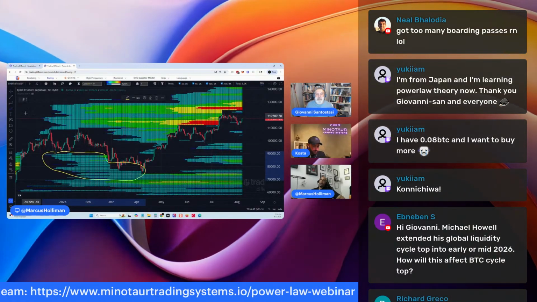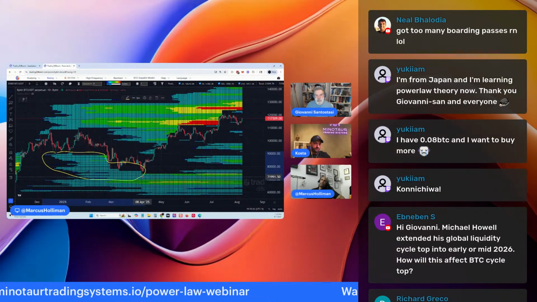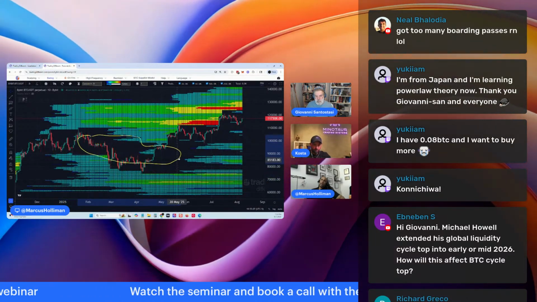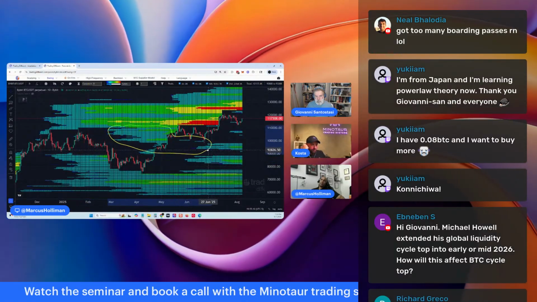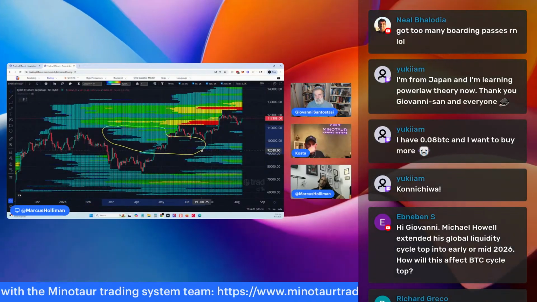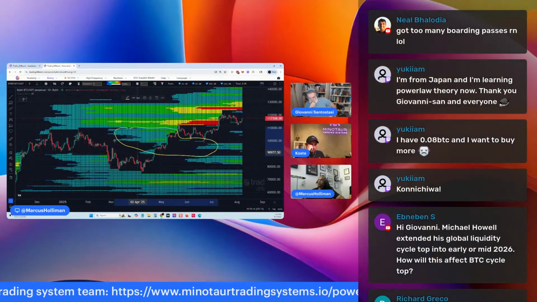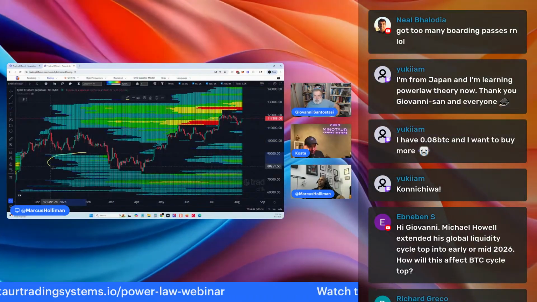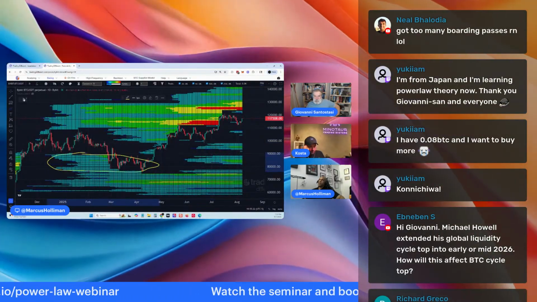So we're looking at the daily, and we had this massive accumulation phase that went on for about 2 months, and then they brought that accumulation over here. They bought here and sold it here.